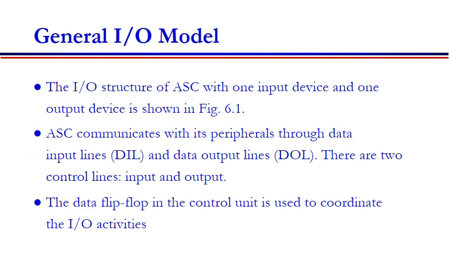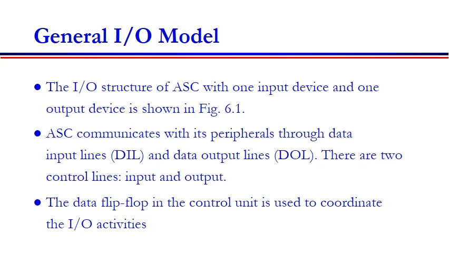Now we discuss a general input-output model. The IO structure of a simple computer with one input and one output device is shown in the figure. This computer communicates with its peripheral through data input lines, which are responsible for input data, and data output lines, which are responsible for the output data.